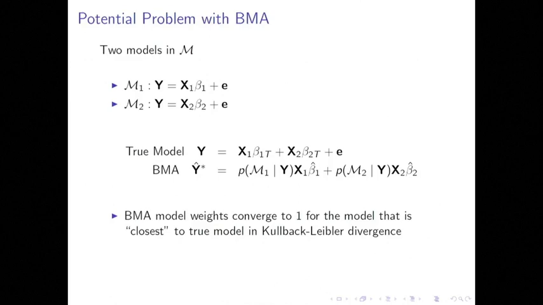This is an asymptotic argument. It might be fine in practice, where we never get to visit asymptopia, but in the asymptotic situation, Bayesian model averaging is only going to use the predictions from that one model that's closest to the true model.